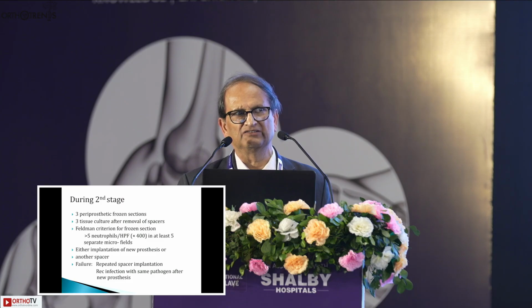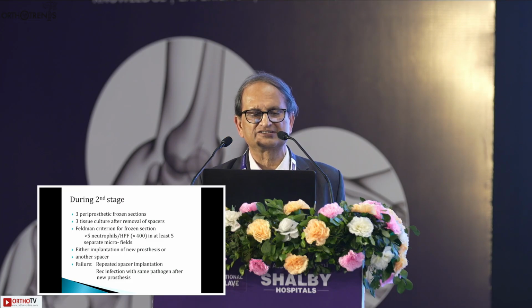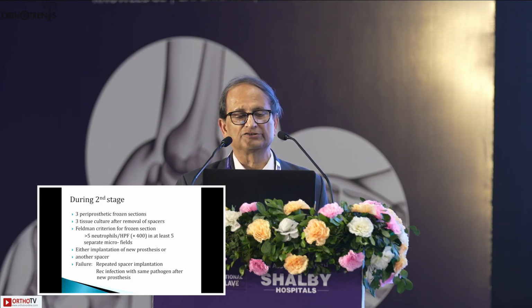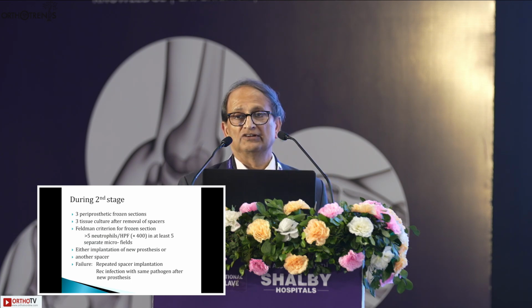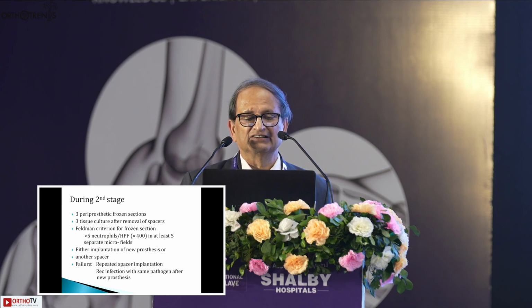Till we get the report, we do not proceed. 3 tissue cultures minimum after removal of spacers, and Feldman criteria is used for frozen section, that is more than 5 neutrophils per high power field, in at least 5 different microscopic fields. So depending on that, if it fits into Feldman criteria, then we do the implantation of the new prosthesis.